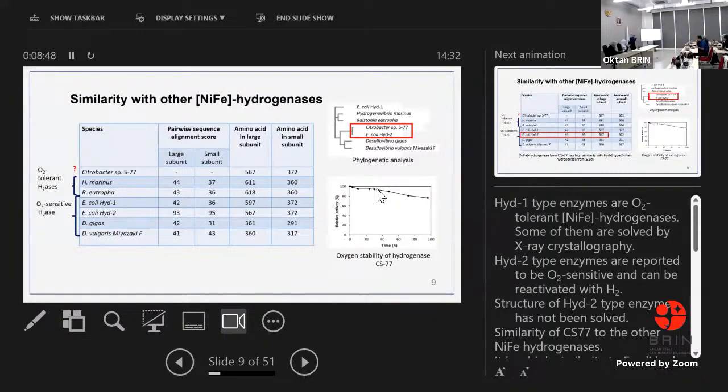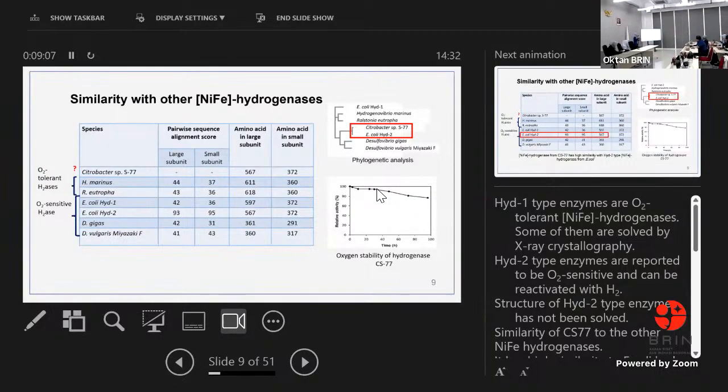But by looking at the characteristics of CS77, it shows oxygen stability for about 100 hours, and the residual activity left is 87%.